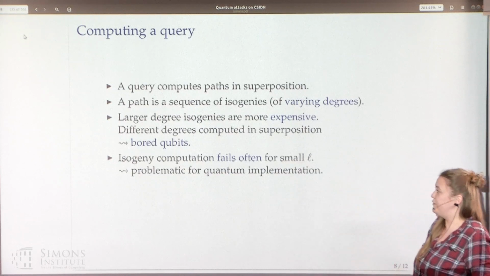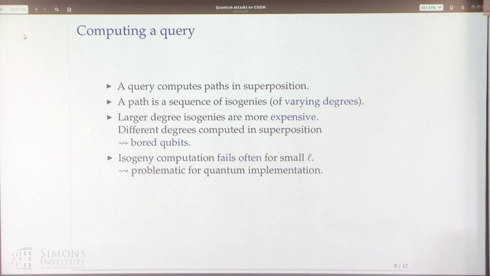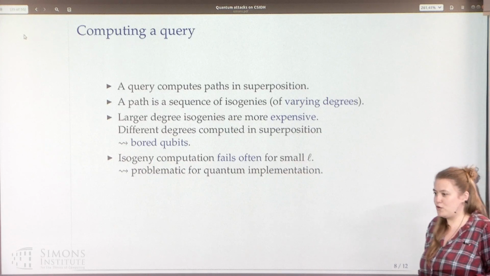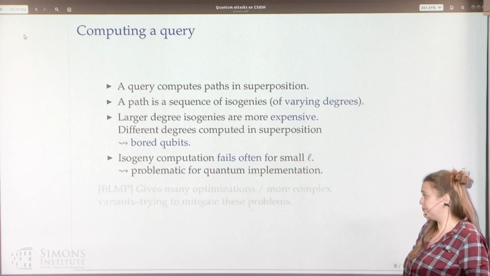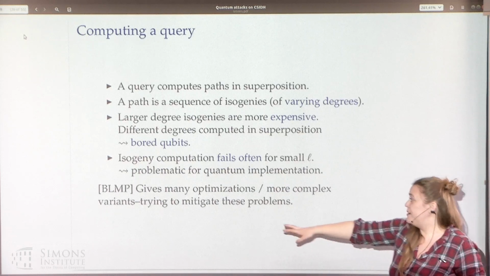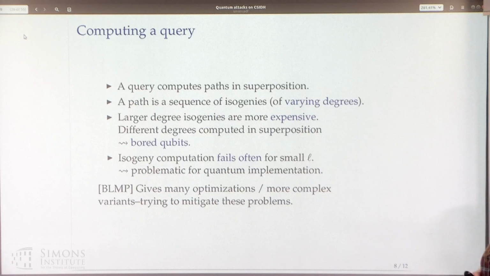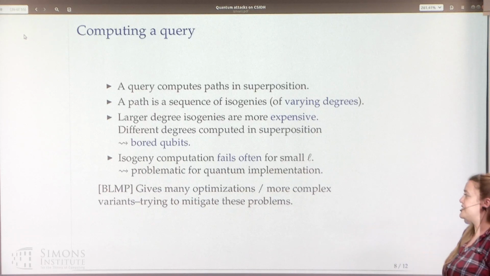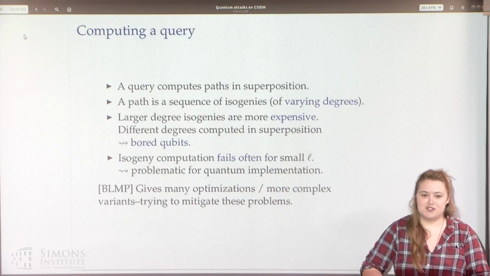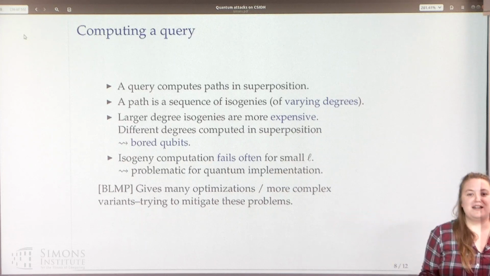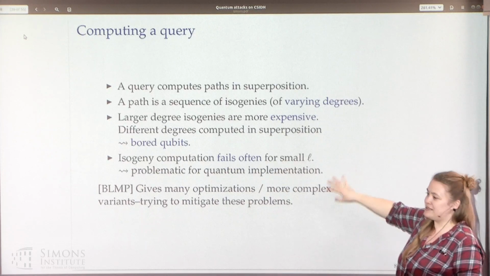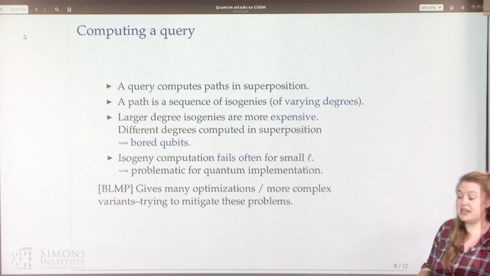Right, so this failure, given our inability to control errors, is quite problematic for quantum implementation. So this is the paper with Dan, Tanya, and Lawrence. It gives quite a lot of optimizations and ideas and more complex variants of just computing paths in superposition, to try and mitigate the combination of these two things.